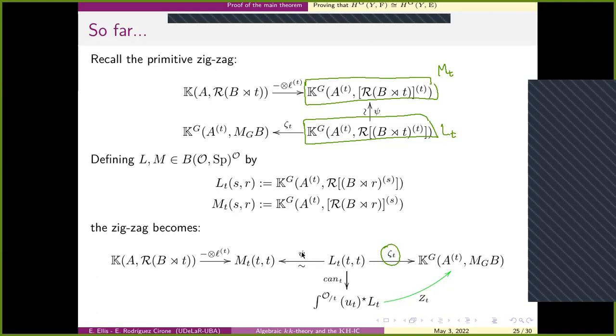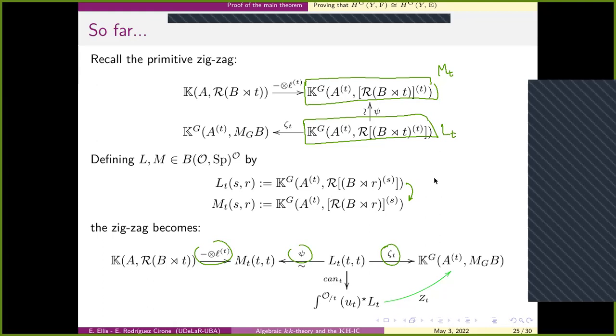We want to do the same with the rest of the morphisms in the primitive zigzag. So what can we do with this morphism psi? This morphism is induced by an algebra homomorphism. So we have a morphism from L to M, which is induced by an algebra homomorphism, which is moreover a KK-G equivalence.